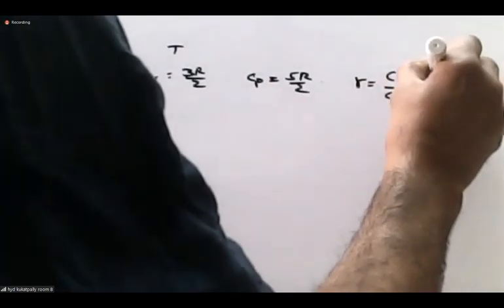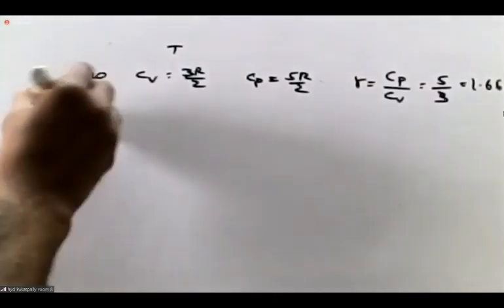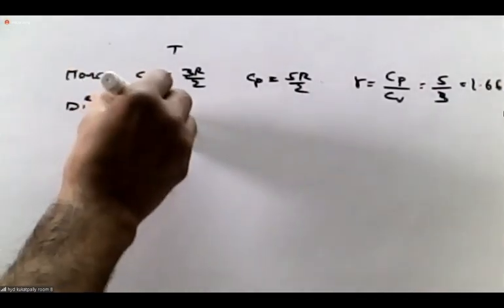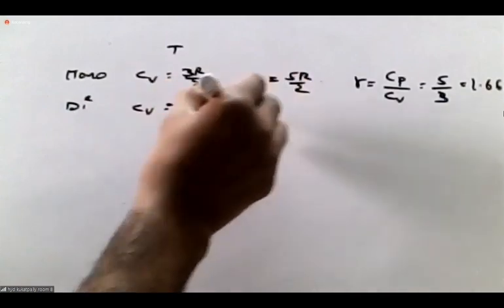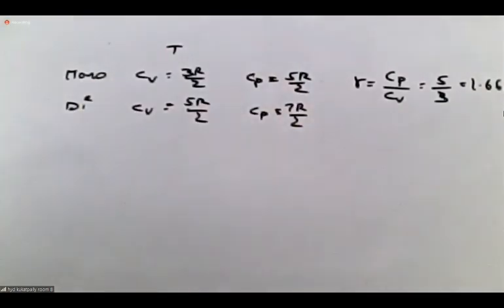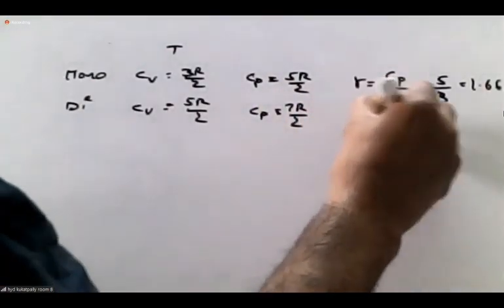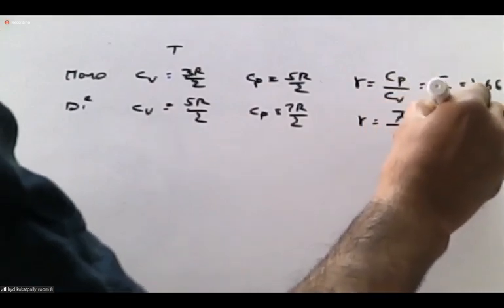Gamma is the ratio of molar heat capacity at constant pressure to molar heat capacity at constant volume. So this is coming out to be equal to 5 by 3 for monoatomic gas, 1.66. For a diatomic gas Cv is 5R by 2 and Cp is 7R by 2, that is 5R by 2 plus R. So gamma is 7 by 5, 1.4.